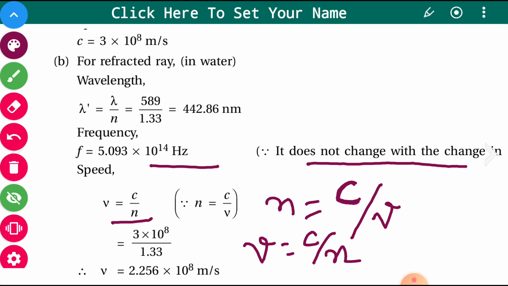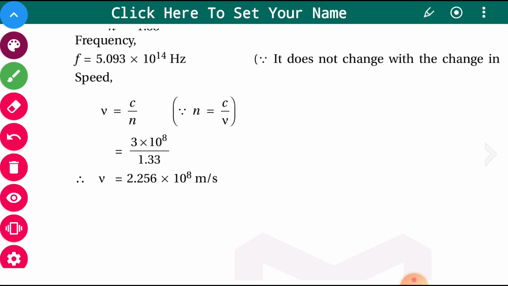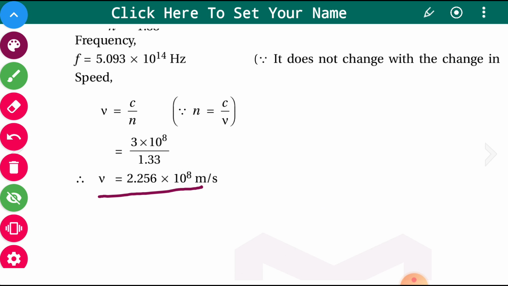C is the velocity of light in vacuum or air, both are nearly the same, 3 into 10 raised to 8, divided by 1.33. So the speed of light in the water medium you will get is 2.256 into 10 raised to 8 meter per second.